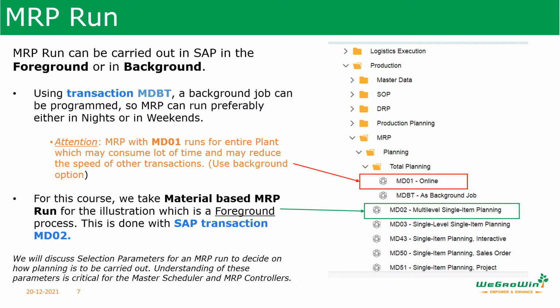Understanding these parameters is critical for material planners, MRP controllers, even the people who are involved in analyzing the planning process. Though we are going to see the parameter explanation with MD02, most of the parameters have the same logic in MD01 and MRP Live also.